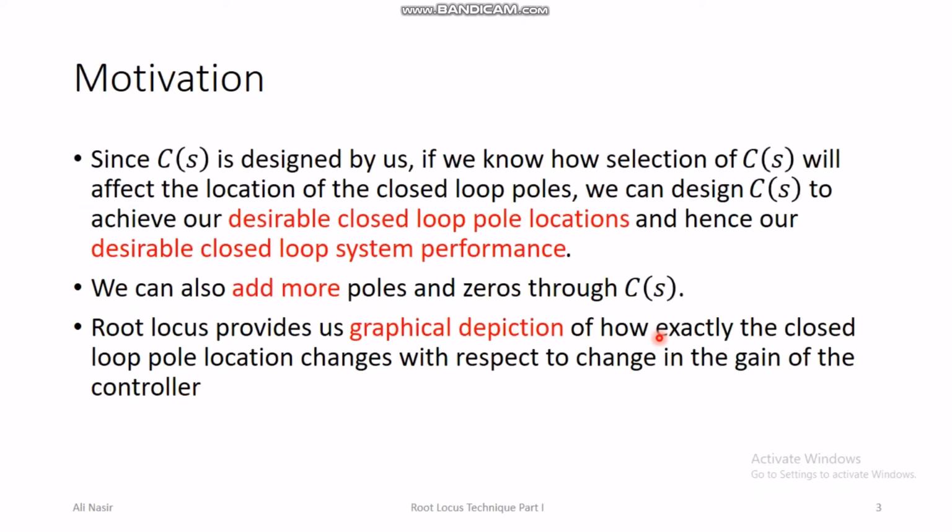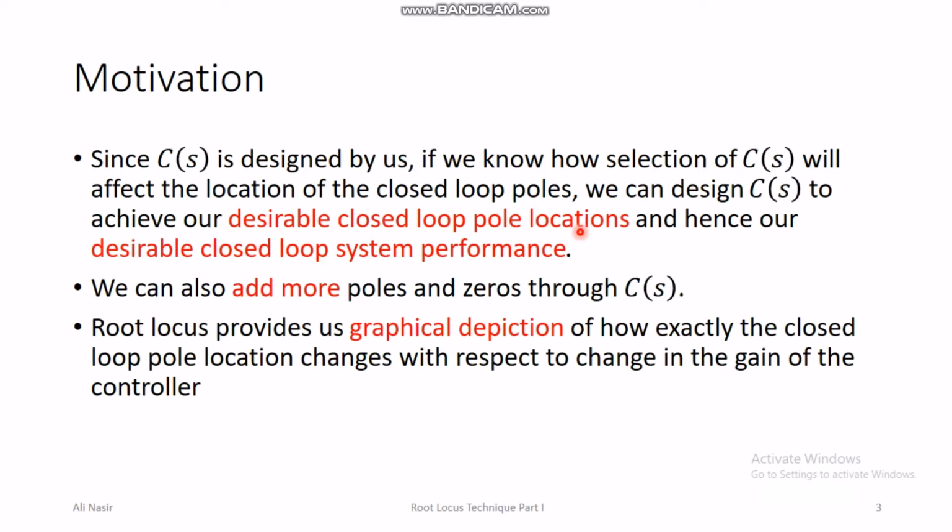Since C(s), the controller, is designed by us, if we know how the selection of C(s) will affect the location of the closed loop poles, then we can design C(s) to achieve our desirable closed loop pole locations.